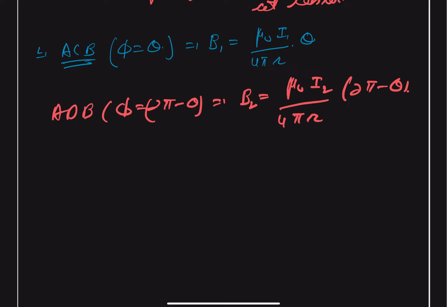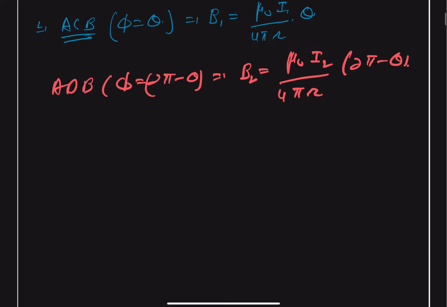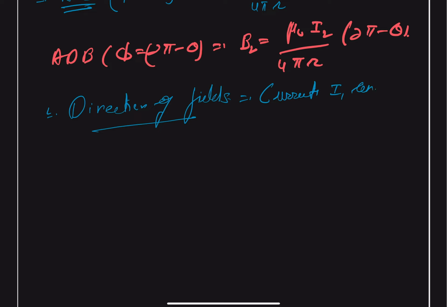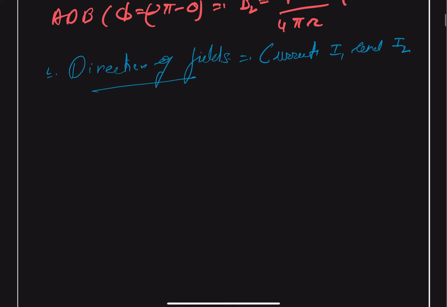Now we have to find out the direction of fields. The currents I1 and I2 flow in opposite directions. One is clockwise, the other one is anticlockwise.